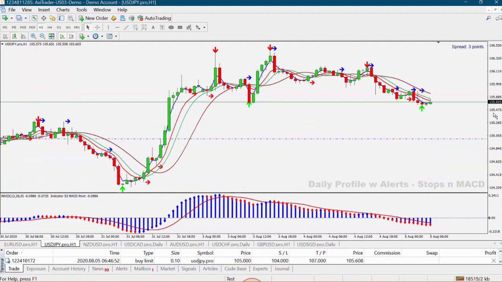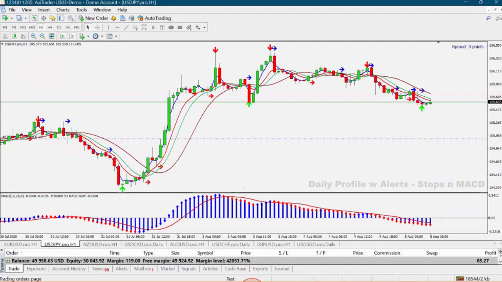Can it do that today? Possibly, but maybe tomorrow. Again, last week it took 2 days for price to come in, and what can I say? We just haven't looked at.